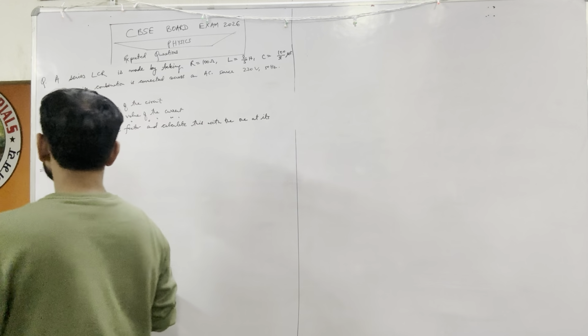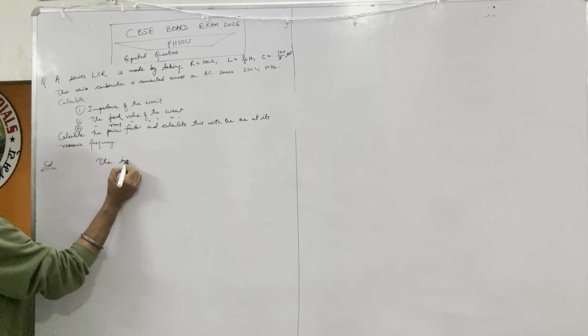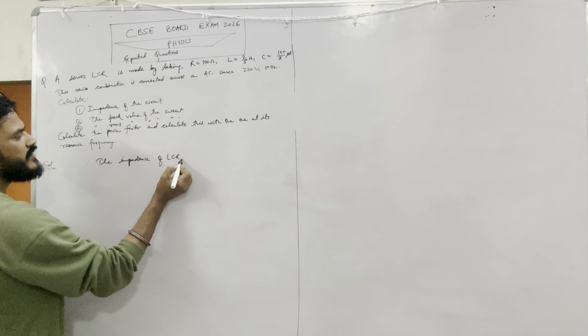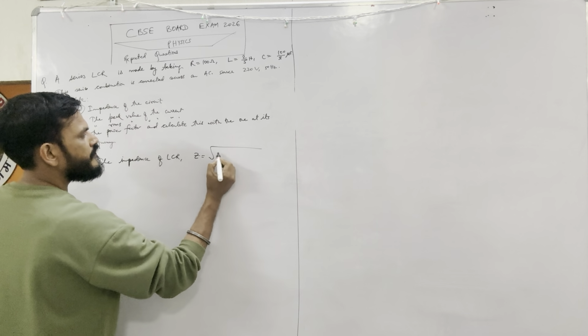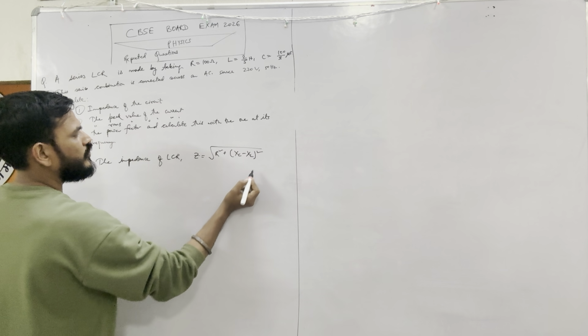Since you know the impedance of the LCR circuit is given by Z equal to square root of R square plus (X_C minus X_L) whole square.